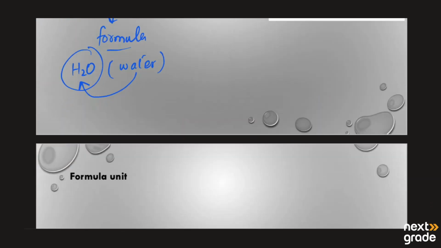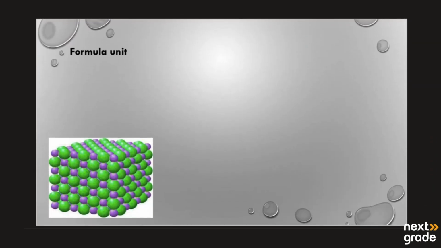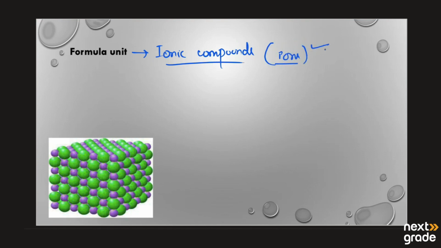Next we have the formula unit. To represent ionic compounds, which I have already said are made up of ions formed by the loss or gain of electrons, we need a formula, and that formula we call the formula unit.